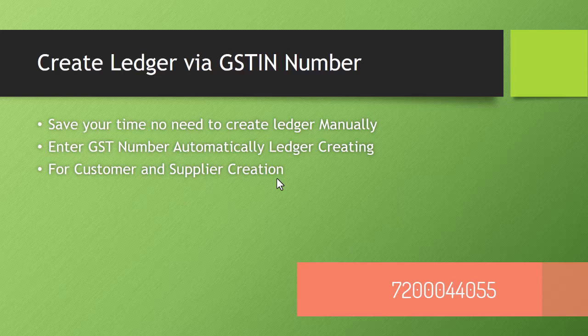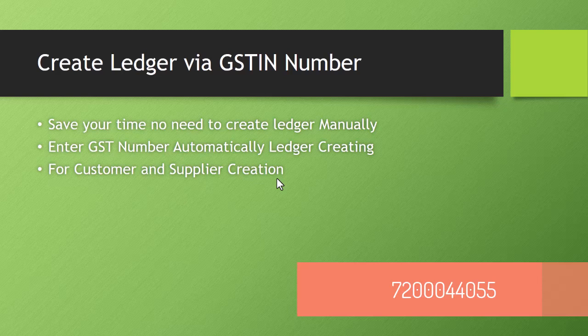Right now, to create ledgers, meaning party names, for example when you are creating a customer or supplier for a purchase entry or sales entry, such as ABC Enterprises, you create the ledger ABC Enterprises, typing the address, GST number, and PAN number.